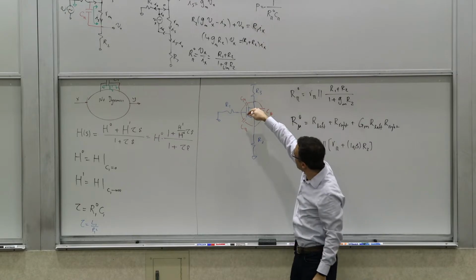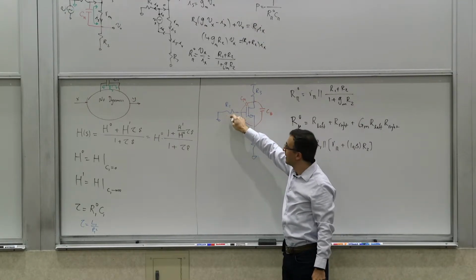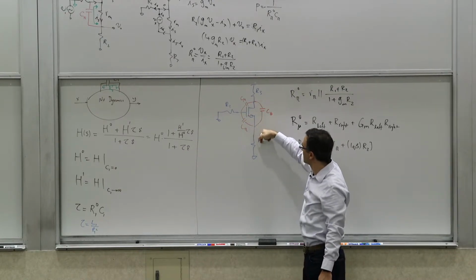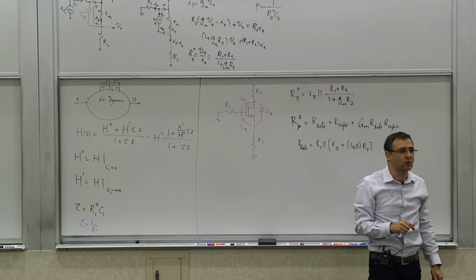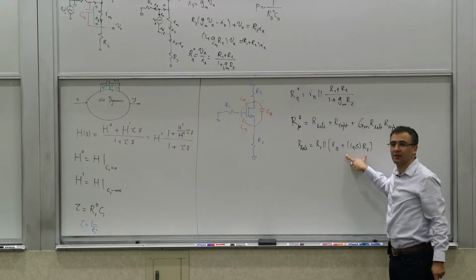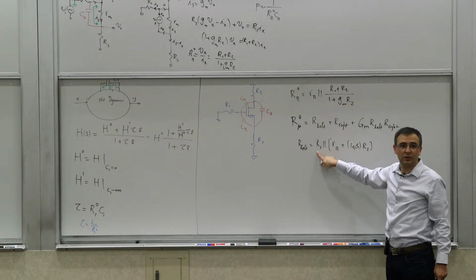Because if you think about the resistance between this node and ground, it is R1 on this side, and whatever you have here, R pi plus 1 plus beta R2. Now, if it's a classic MOSFET, this part is infinity, so you will end up only with R1.